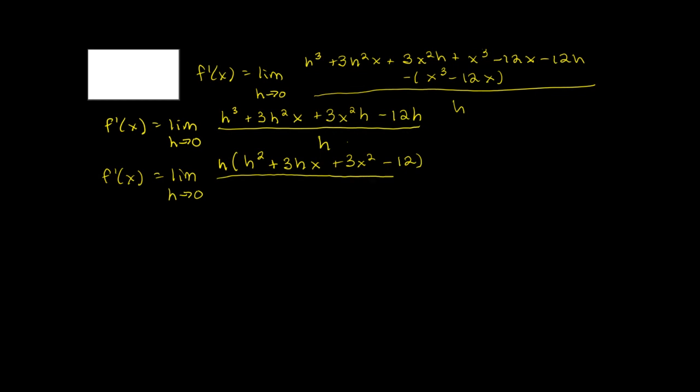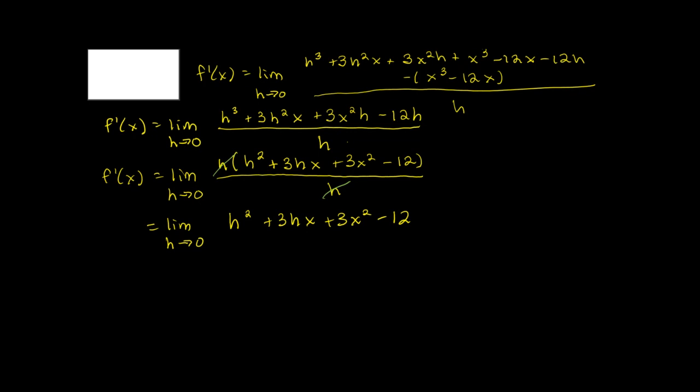You can see where it'd be really easy to make a mistake. So you have to be very careful, make sure you're writing down stuff correctly. So the h's cancel. So this gives us the limit as h goes to 0 of h squared plus 3hx plus 3x squared minus 12.